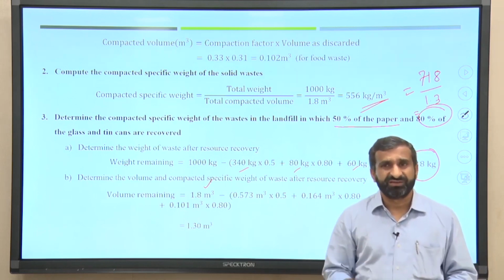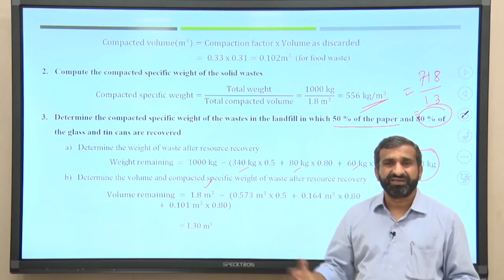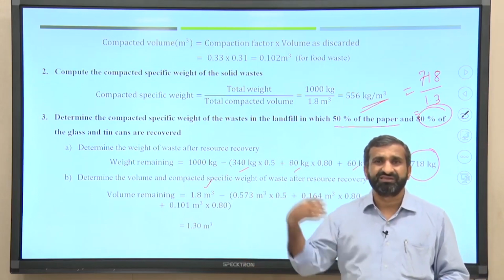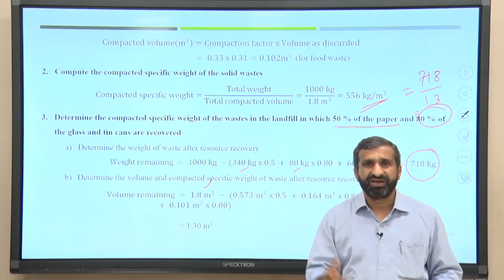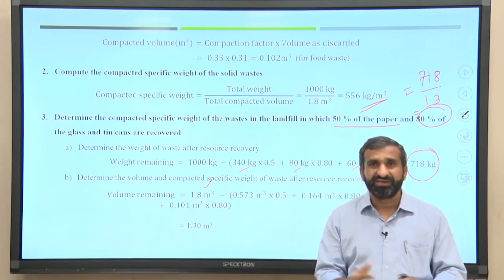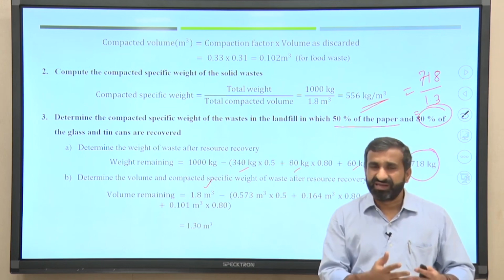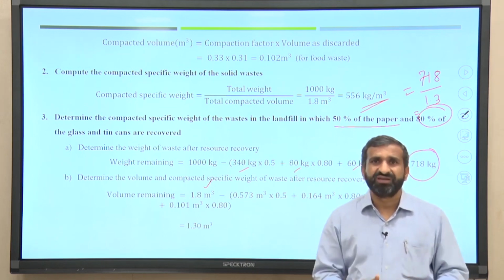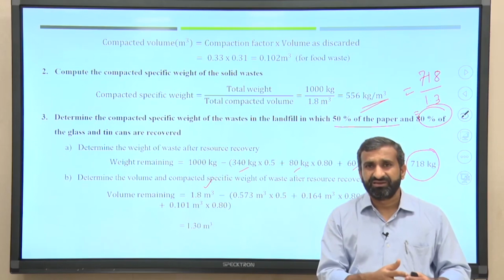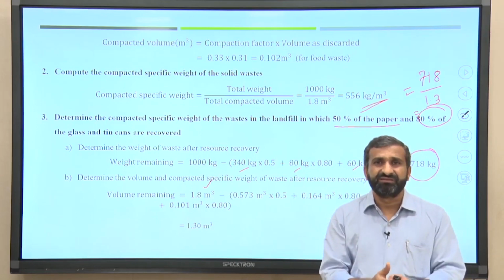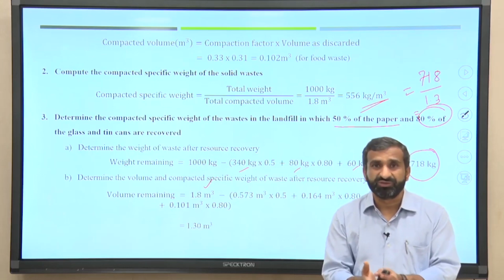Later we can design the leachate collection system. The problem is that in India there is no proper manual for designing this. But if you really want to learn it, please read or download the solid waste manual 2016.